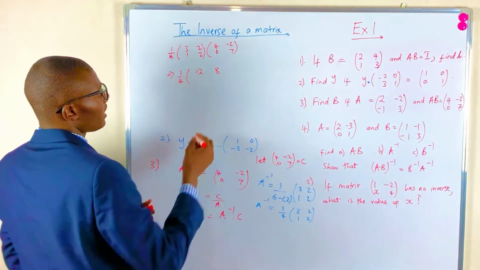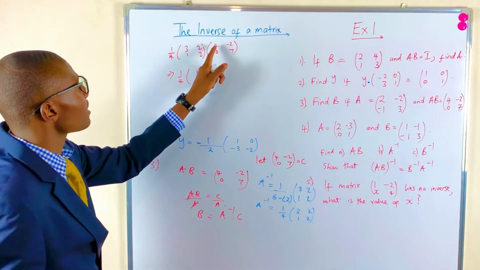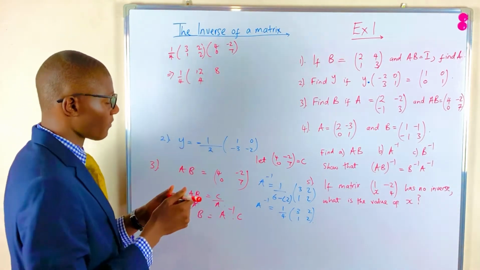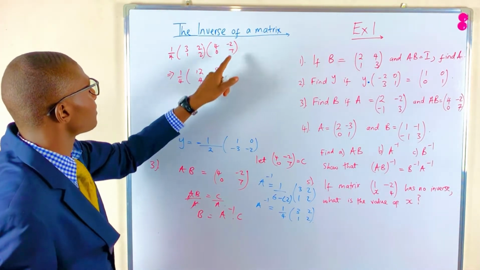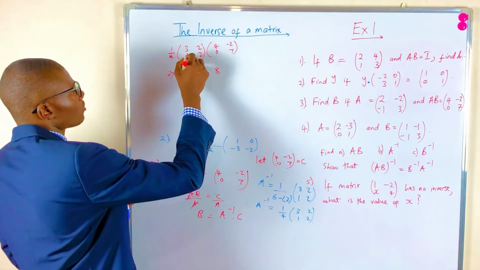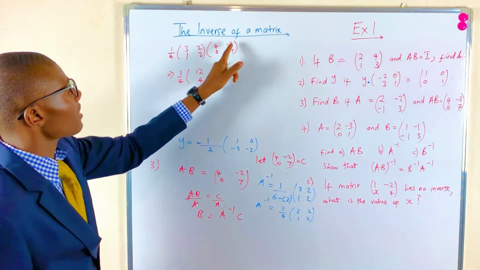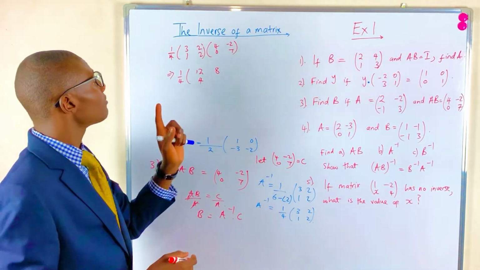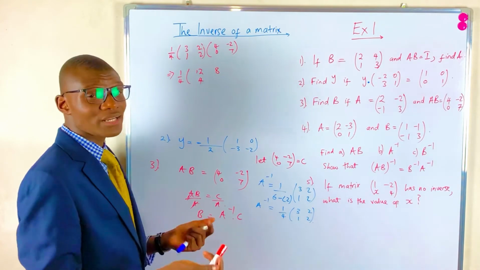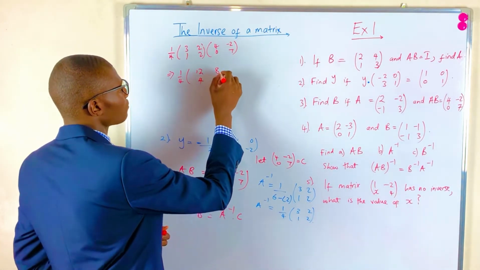Then we get an 8. Then 1 times 4, we get a 4, plus 2 times 0, that's a 4. Then here, for the last element, we're saying 1 times minus 2, we get a minus 2, plus 2 times 7, that's 14. So minus 2 plus 14, we get a 12.